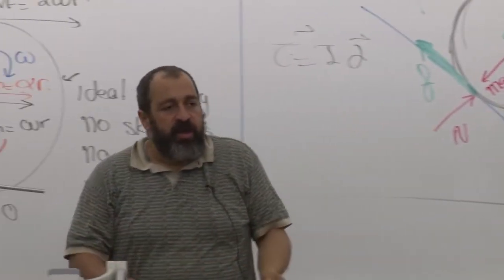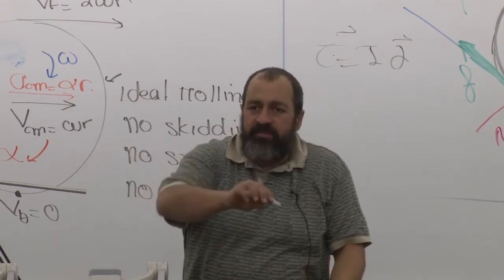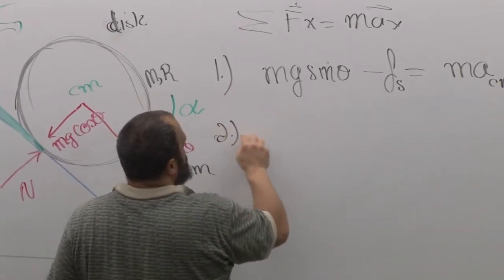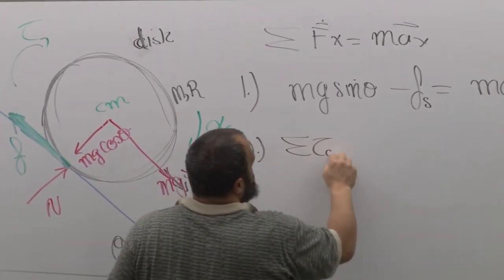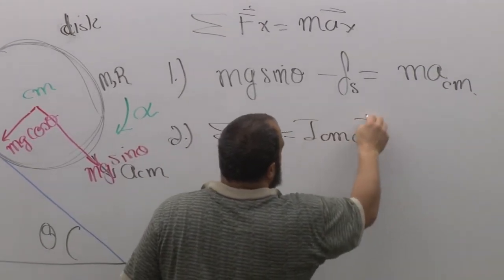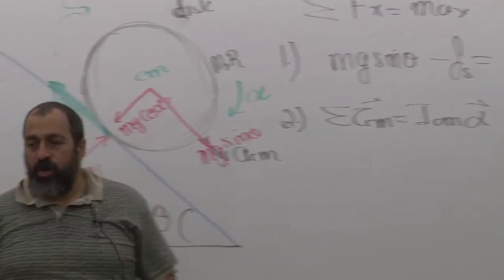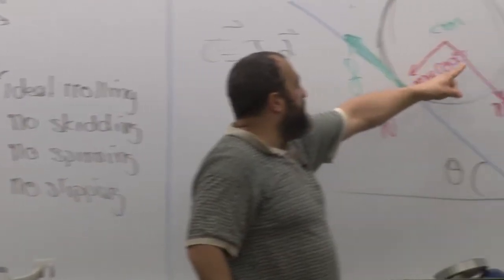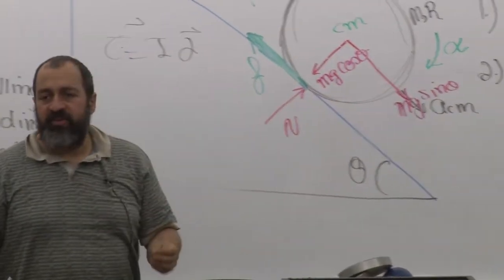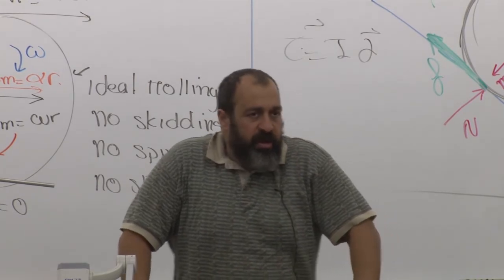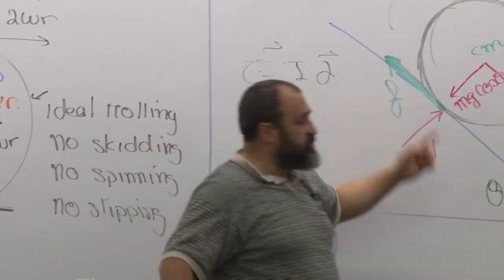Why? Because this is not only a sliding problem, it's a rotation problem too. So we need the sum of torques. The sum of the torques about the center of mass is equal to ICM alpha. What exerts a torque about the center of mass? None of these are able to generate rotations about the center of mass, so we have to use the force of friction.